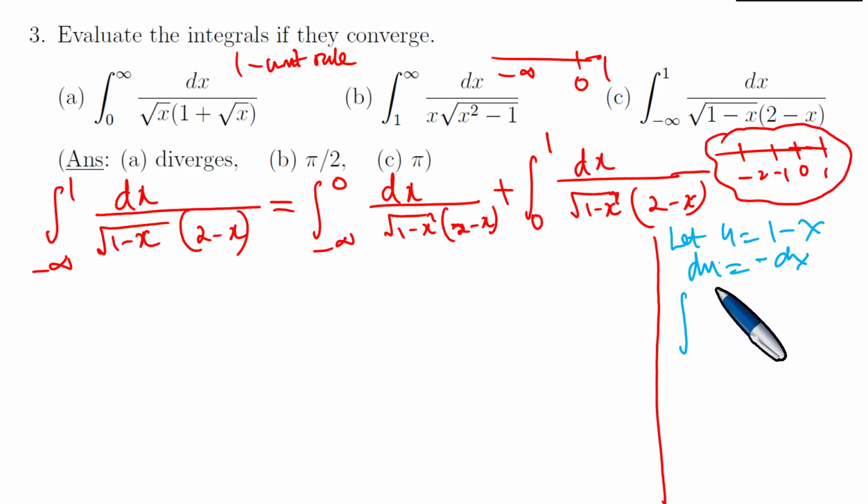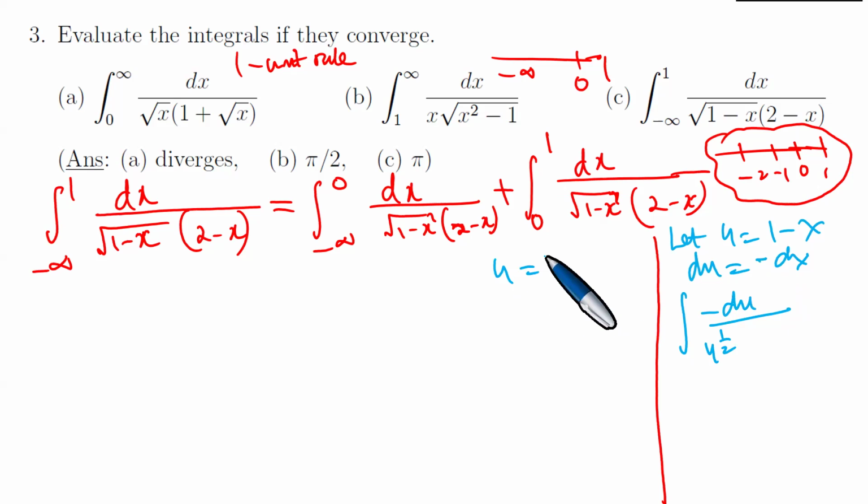And then you'll have the integral of dx, which should be minus du divided by the square root of this, which is u to the 1/2, times 2 minus x. 2 minus x is what?